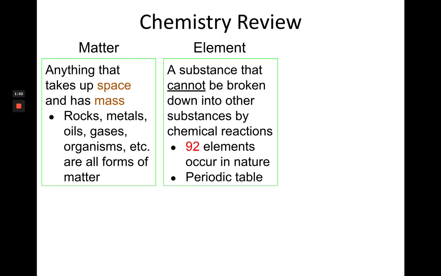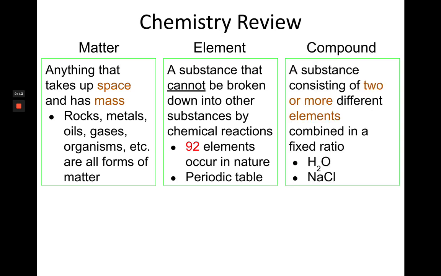We keep track of these elements on the periodic table of elements, which you may be familiar with. In fact, there are 92 elements that occur in nature. Though there are more elements than that, the extra elements don't occur in nature. They occur in laboratory situations.